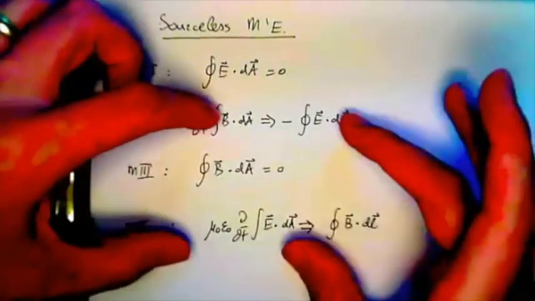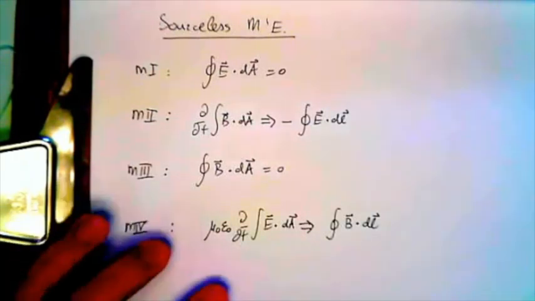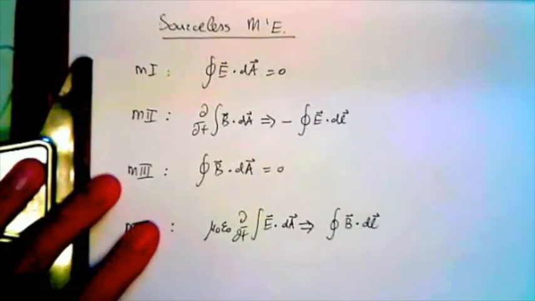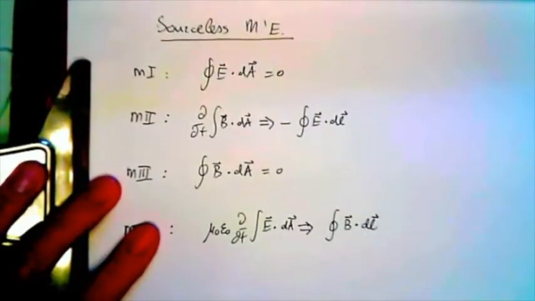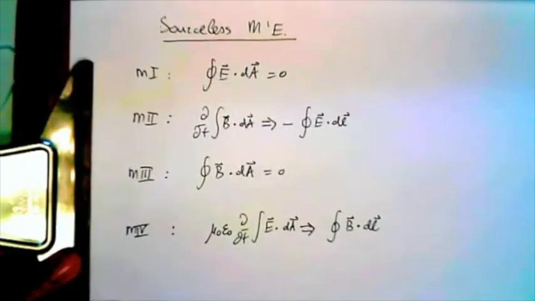And these two things together are going to set up a wave equation where one causes the other in a cyclic process, and that's how you get waves. So these are the sourceless Maxwell's equations, and this will be the starting point for the wave equation, electromagnetic waves, and then afterwards for optics.